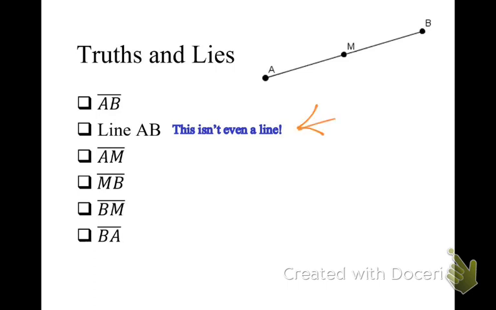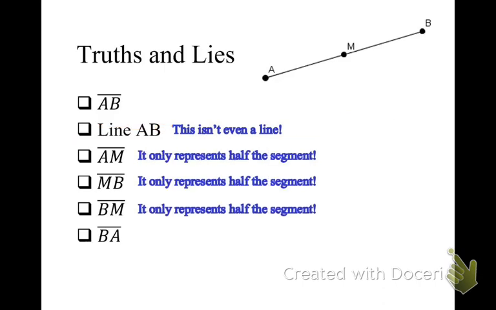So it would have this, and then A and B. And this isn't even a way to name a line with arrows. So, double no. AM. Does it include the whole line? No, it's only half of it. What about MB? Nope, only half of it. BM? No. BA? Yes. So really the only two that were good were the first and the last.